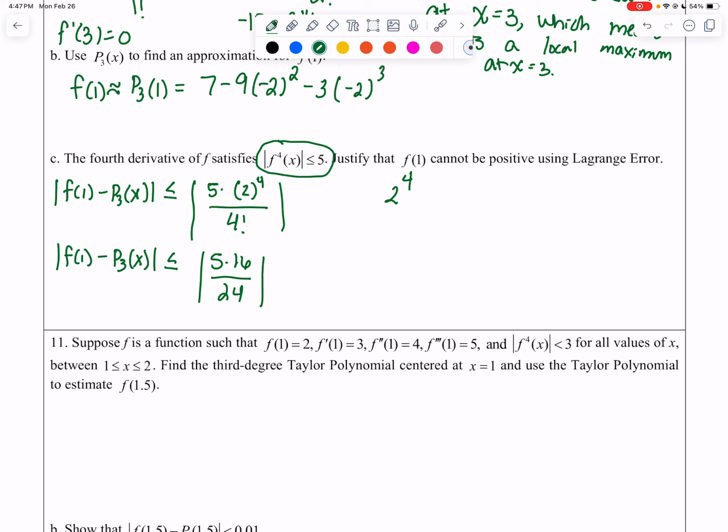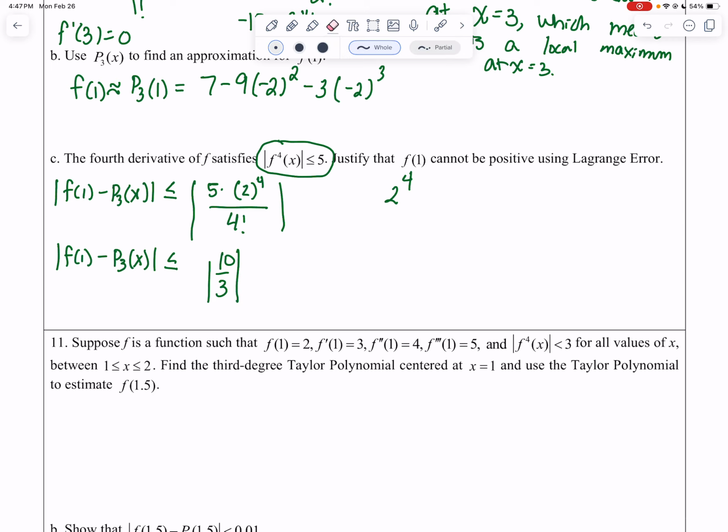And if I were to do that, that is going to give me 10 thirds.